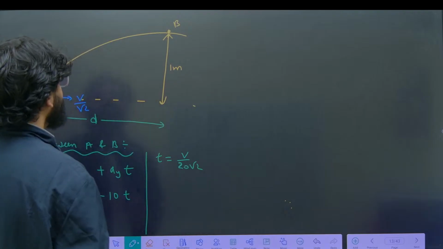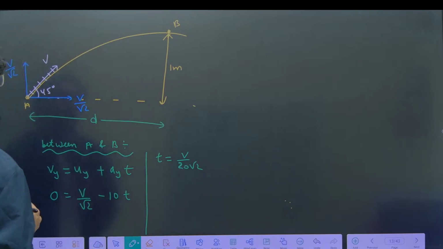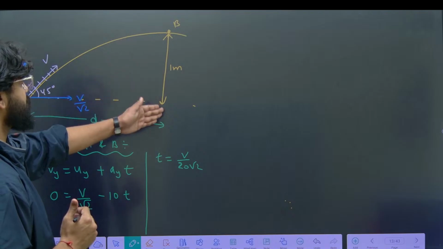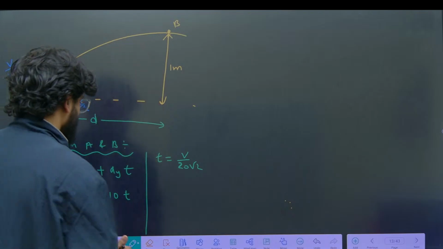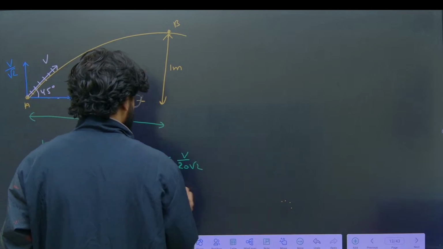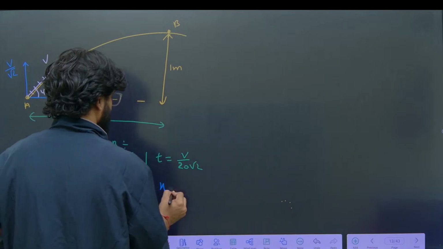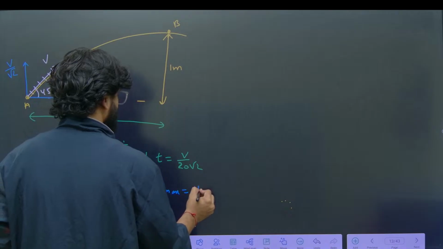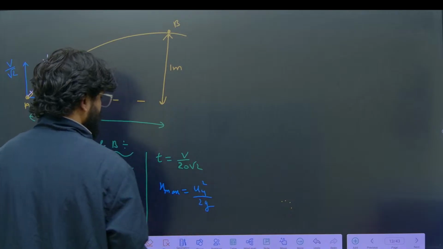In the same time, this distance that you are covering is 1 meter, right? So at least you can write over here H max is Uy square by 2g.